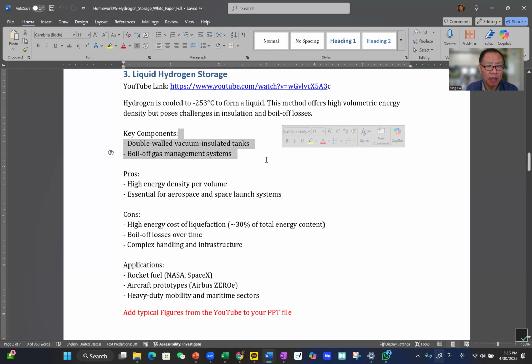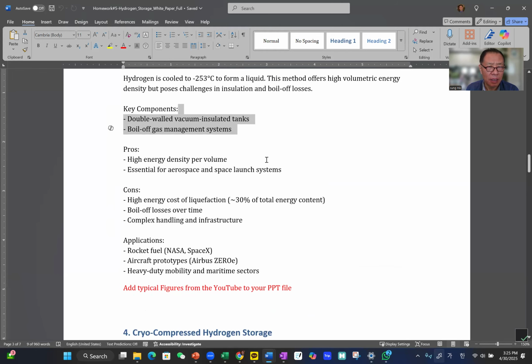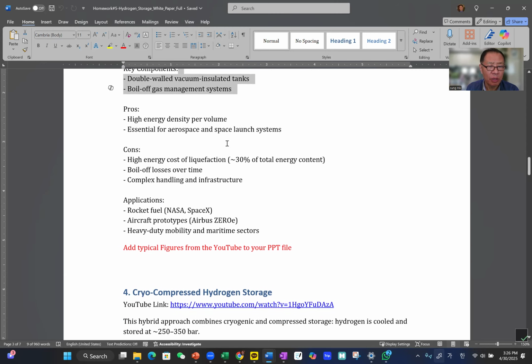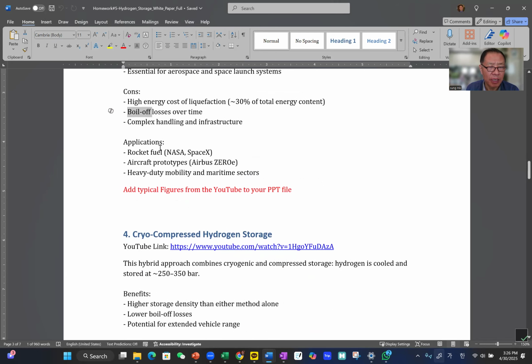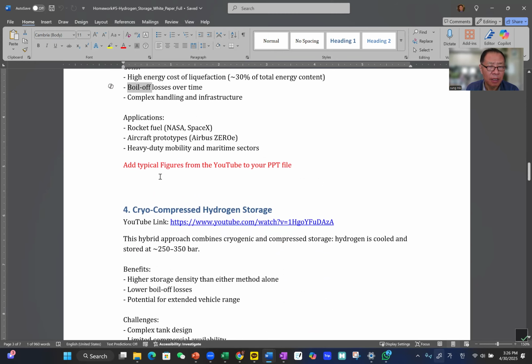So the gas has to be released. Otherwise, this tank will explode, or the liquid will leak. So unfortunately, we have to boil off. Boil-off loss over time.